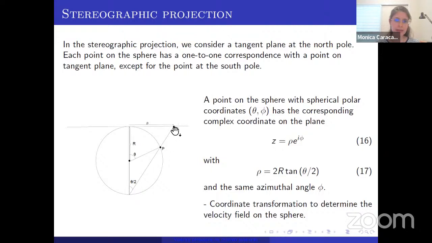Both have the same coordinate, but here you can show in this figure how to relate the distance, radial distance in the complex plane. This angle theta in this tangent of theta by 2, rho divided by 2r, r being the radius of your sphere. Then you have here how to relate the coordinate of the complex plane with that one in this sphere.